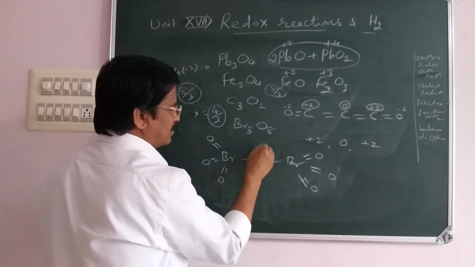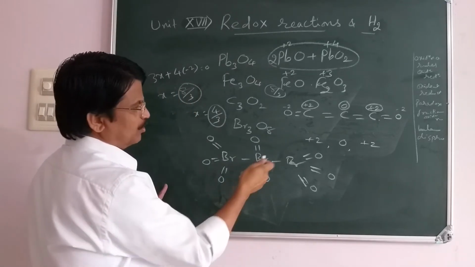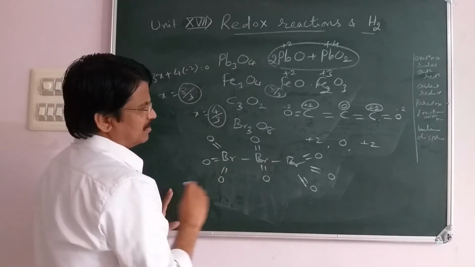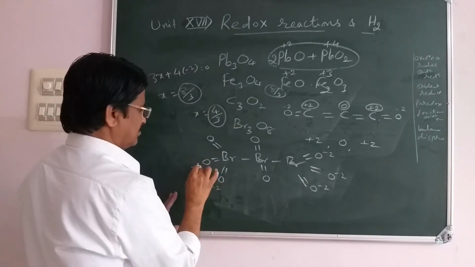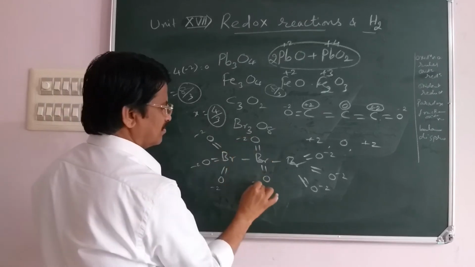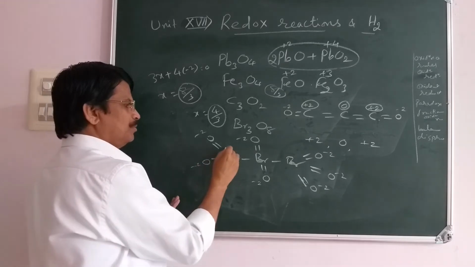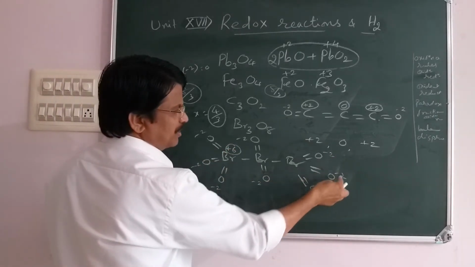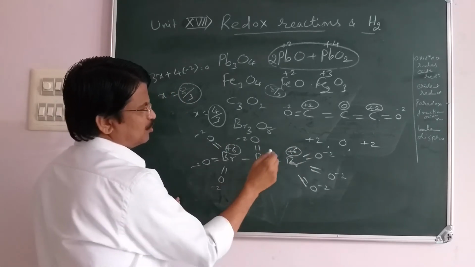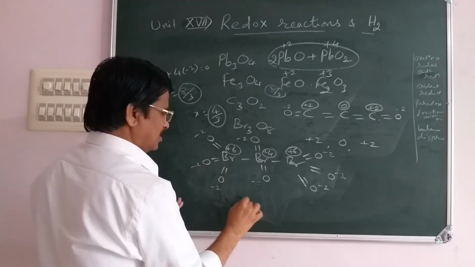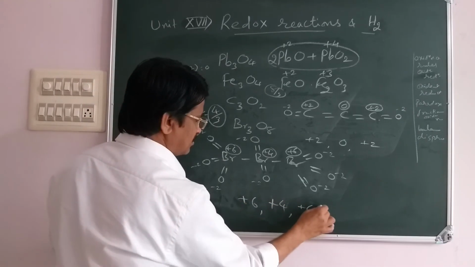In between we cannot write one more bond. All these three have the same oxidation number: minus 2, minus 2, minus 2, minus 6, and this should be plus 6. Minus 2, minus 2, minus 4, plus 4. Therefore plus 6, plus 4, plus 6.